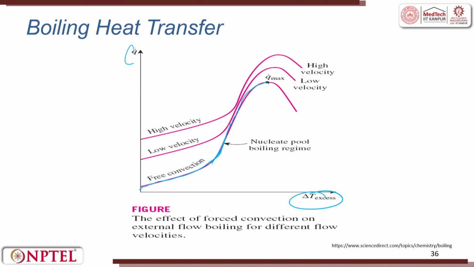This slope is the nucleate pool boiling regime, and then it hits a maximum. When we move at low velocity, this is free convection, pool boiling; this is flow boiling. Going from low velocity to high velocity, you can see the Q max increases and is shifted. The effect of forced convection on external flow boiling at different flow velocities is shown in this figure.